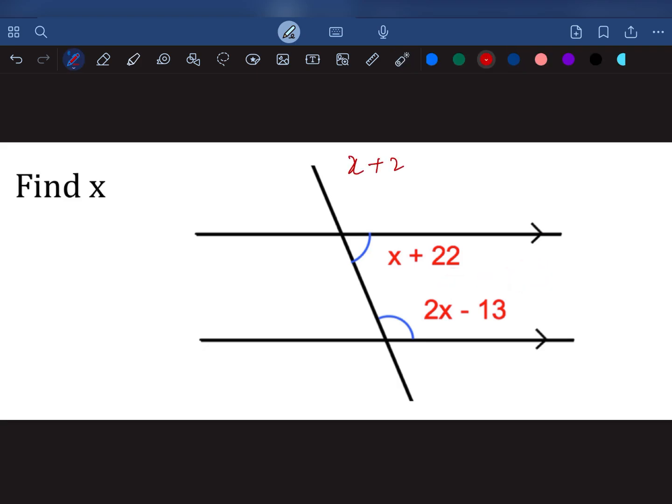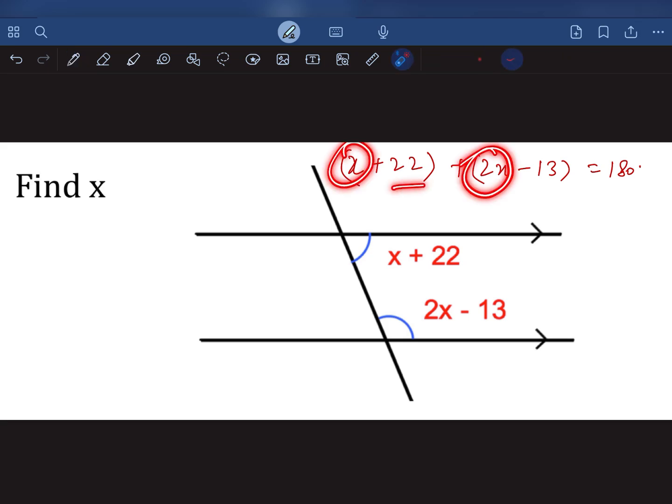Let's take the two angles, x plus 22 and 2x minus 13. Their sum is equal to 180 degrees. So we are going to add the like terms. Those who have x with them are like terms, and those which are numbers are like terms. So x plus 2x is 3x, and we can take the other numbers to the right side. When we take 22 to the right side, the sign will change. Positive 22 will turn to negative 22, and negative 13 will turn to positive.